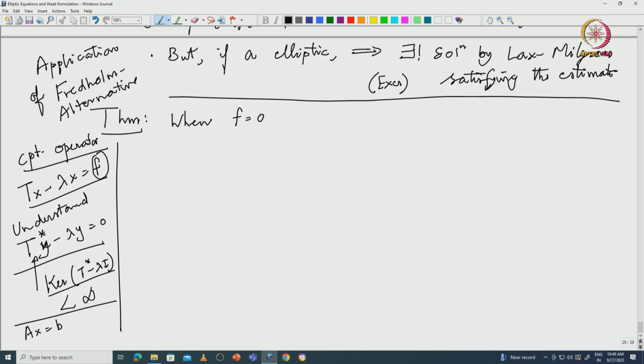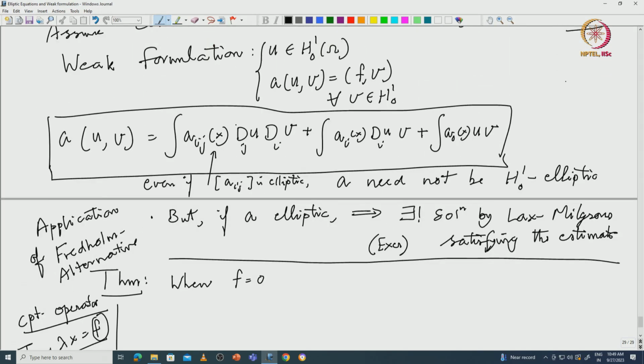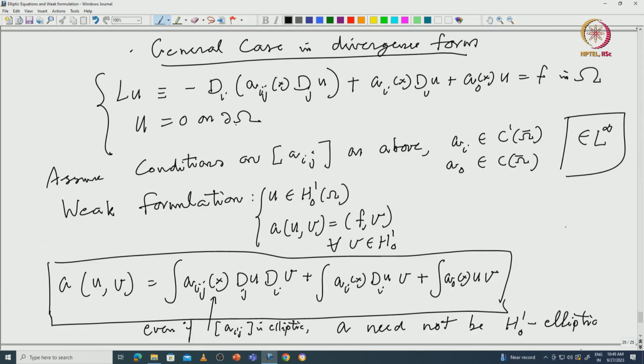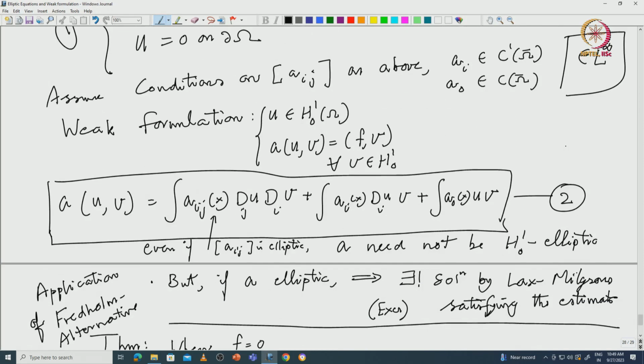Okay, let me give some numbers here. So, maybe this I will call 1. This weak formulation I will call 2 always; the strong form is 1, the weak form is 2.